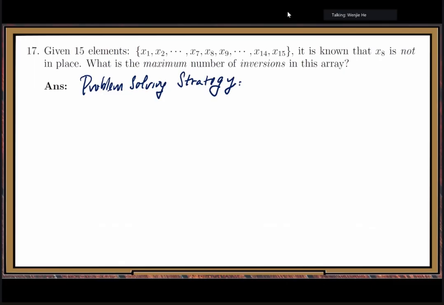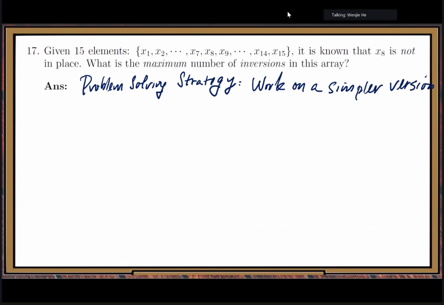So we can modify the problem, make it easier. So the strategy is to work on a simpler version of the problem.